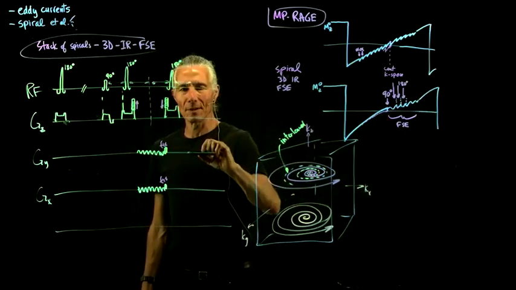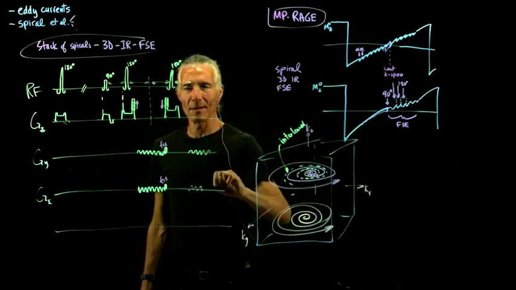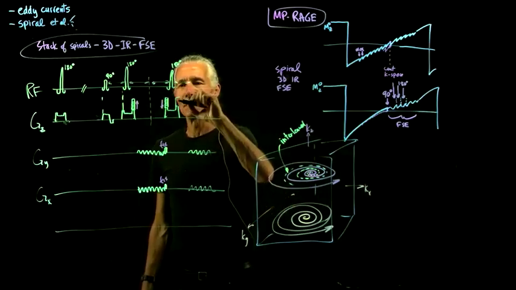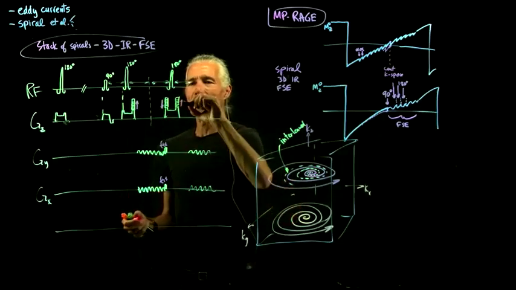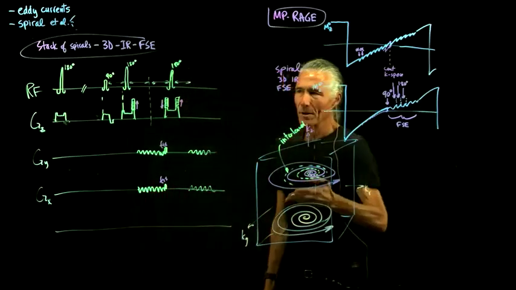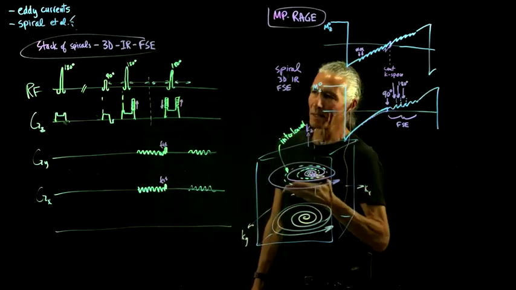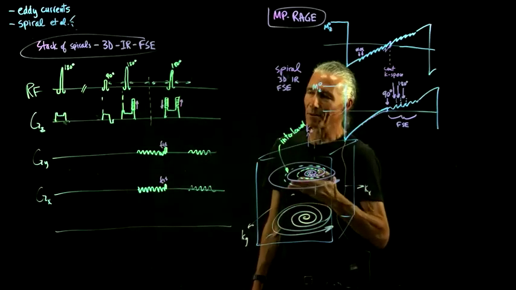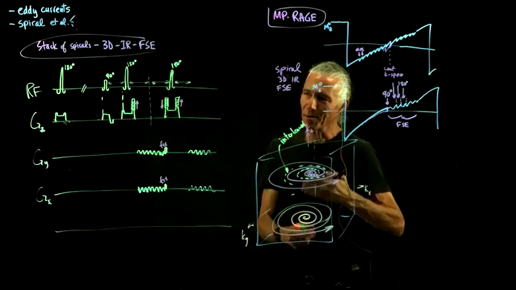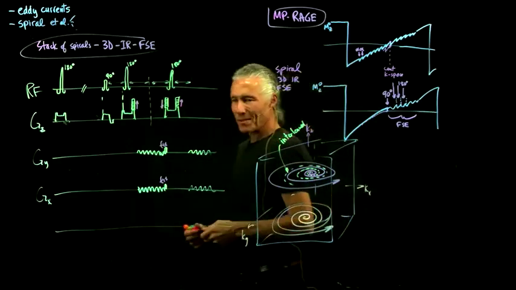And so you would have some more spirals here, and some more of these here, etc. And so you could record maybe 10 or 20 spirals here, and then do the ones that are in between.